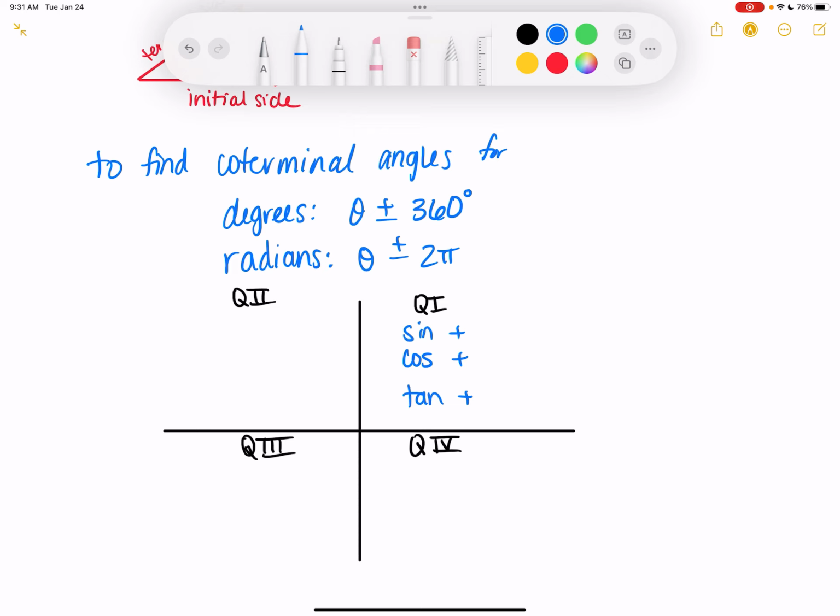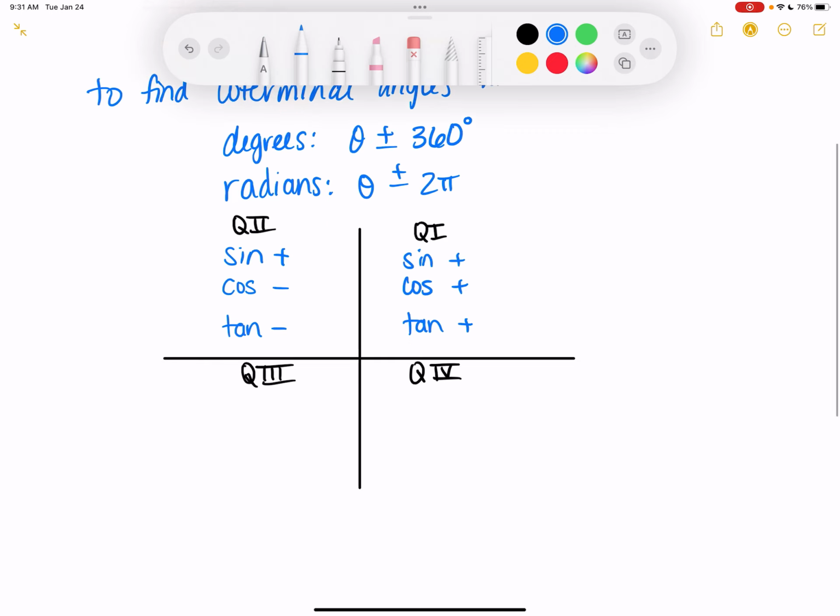Quadrant 2, sine is positive. Cosine and tangent are negative. In quadrant 3, sine and cosine are negative. Tangent is positive. And then in quadrant 4, sine and tangent are negative. Cosine is positive. You should know enough about sine, cosine, and tangent to be able to figure that out anyways, but sometimes it's nice just to see it.